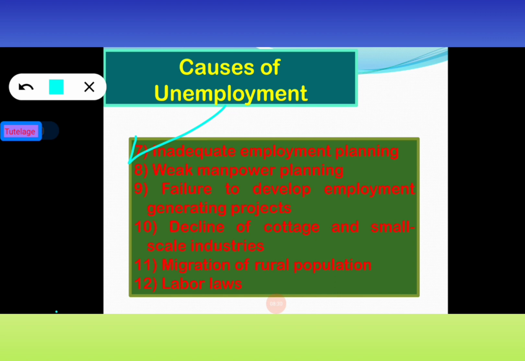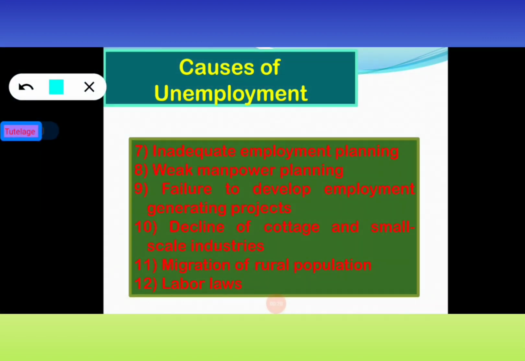In fact, planning in India has not been employment oriented. The wage rate policy and the appropriate policy with regard to techniques, etc., have not been seriously used to solve the problem of unemployment, and that's why the inadequate employment planning of the 5-year plans is responsible to this situation. Okay, so that's why it is one of the most important cause of unemployment also.